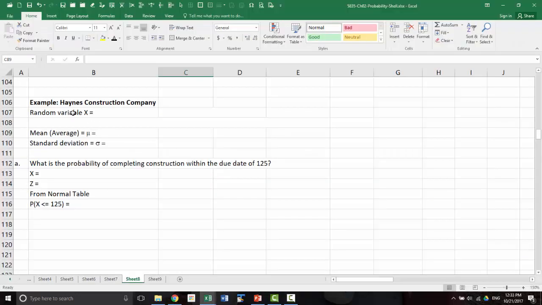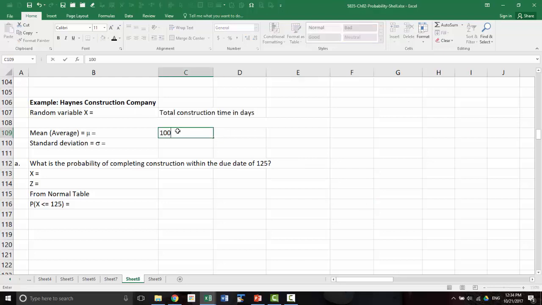All right, so the random variable X is total construction time. The mean is given as 100, the standard deviation is 20, right? So now we want the probability within 125 days. Remember, the probability of X equal to 125 will be 0.